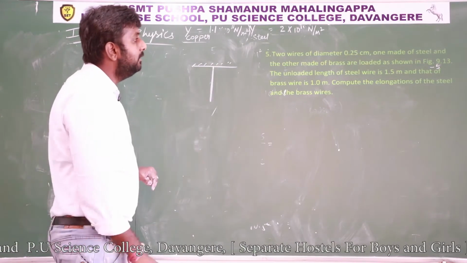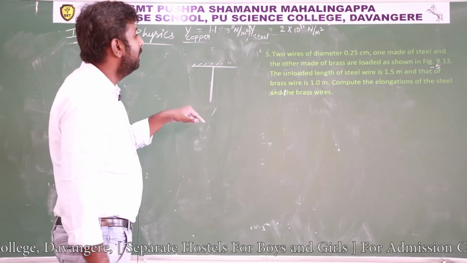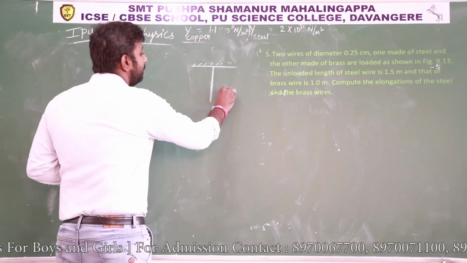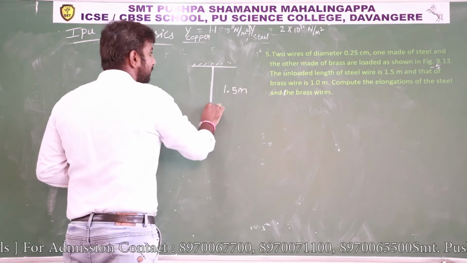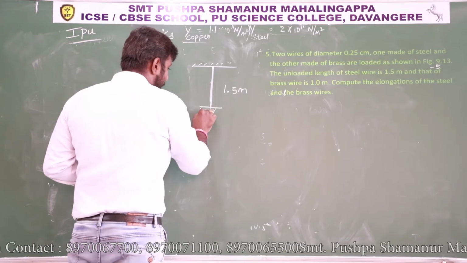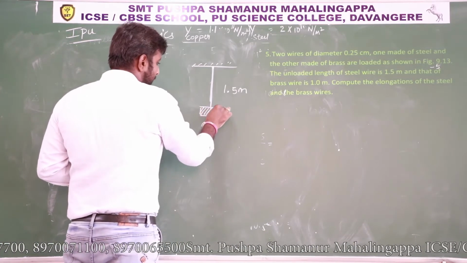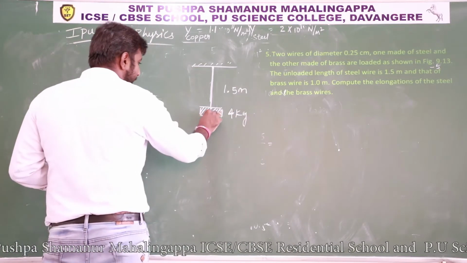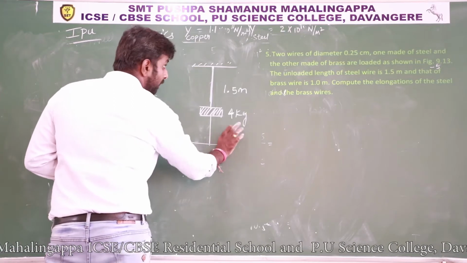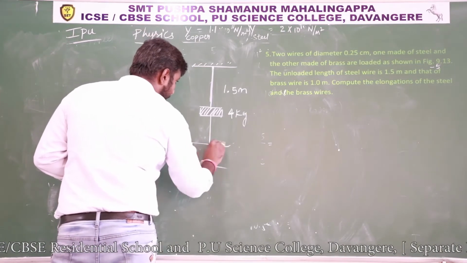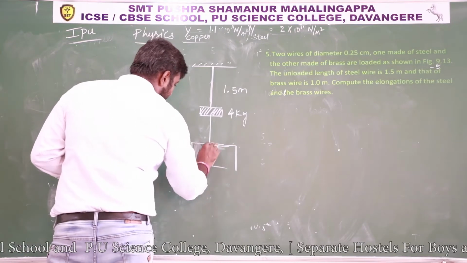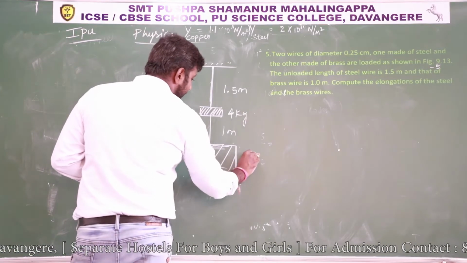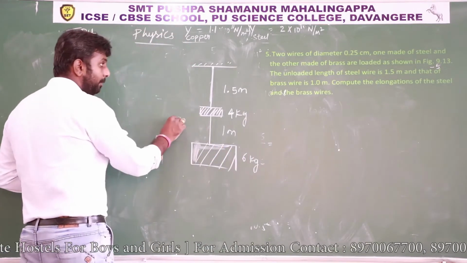Its length is 1.5 meter, and a load of 4 kg is given to the steel wire. And the next one, the brass wire length is 1 meter, and let us consider a 6 kg block is attached to the brass wire.